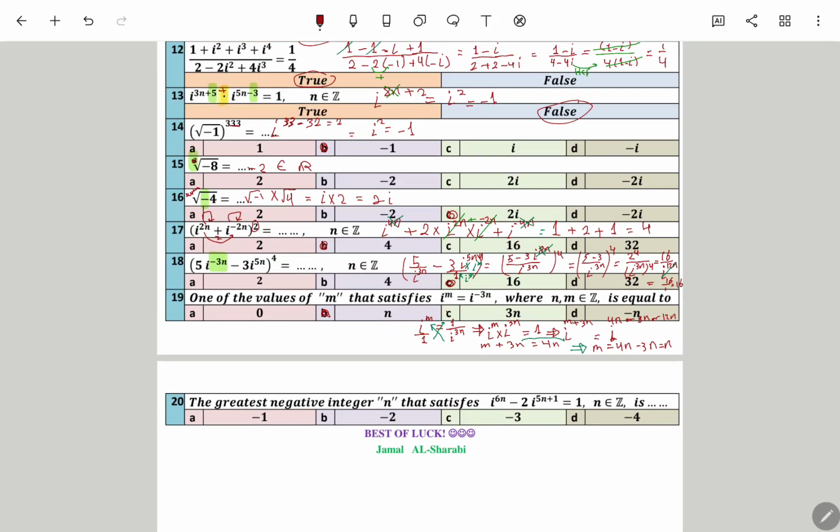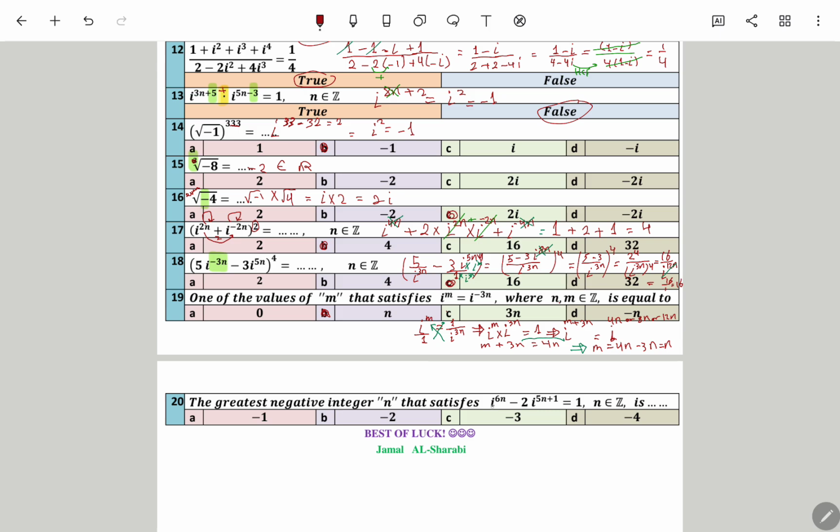In question 20, the greatest negative integer n that satisfies i to the power of 6n. You can also choose from the alternatives and replace to be sure which one is the right one, but this way is not really giving you a 100% correct answer.